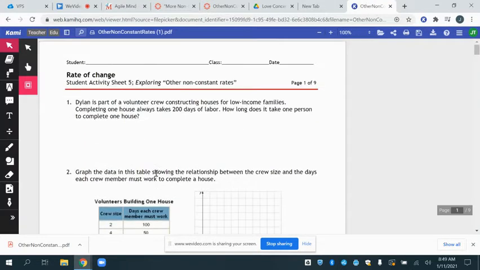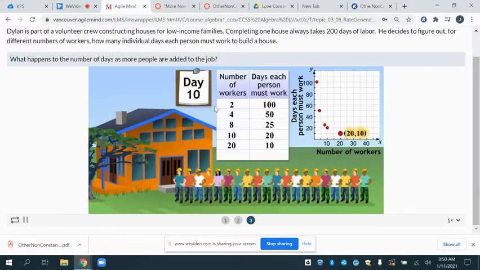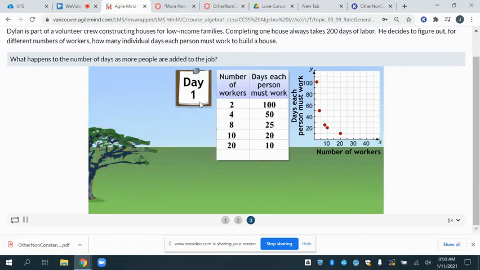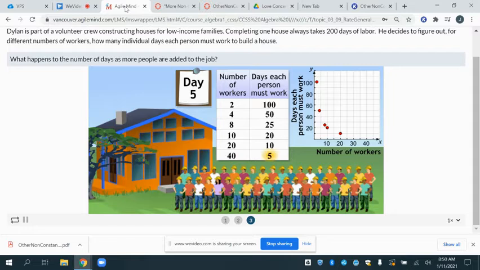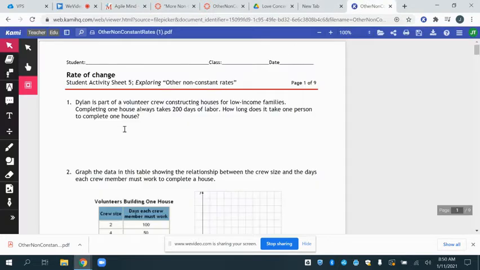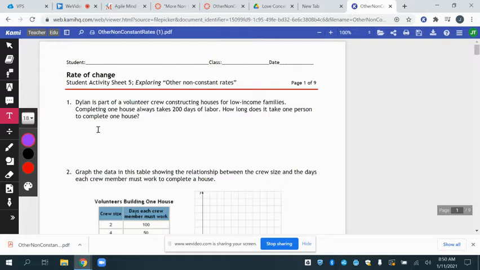All right, and we're going to make that. How long does it take one person to complete one house? Well, we decided it takes one person 200 days, because one person, 200 days, 2 people, 100 days. That is just something that they want us to record, so we're just going to write that down.